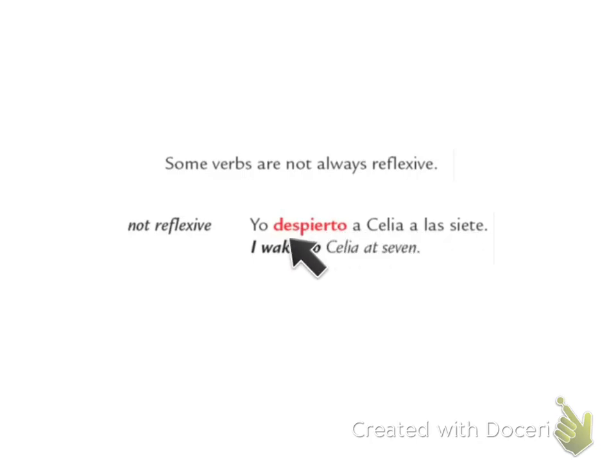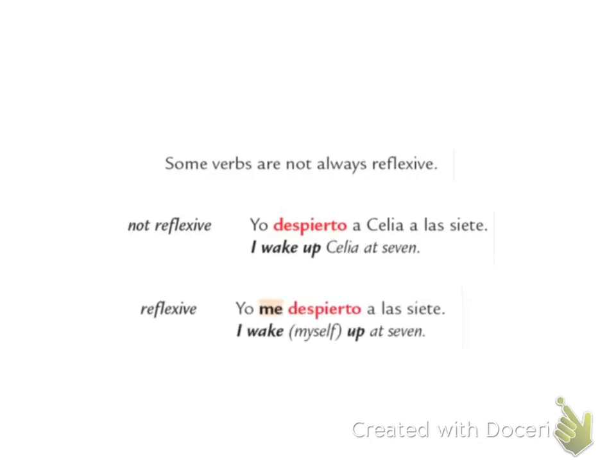So here we have despertar. It wasn't despertarse because it's not reflexive. Okay? And if it was reflexive, there's what it would look like. Me despierto a las 7. I wake myself up. Any questions?